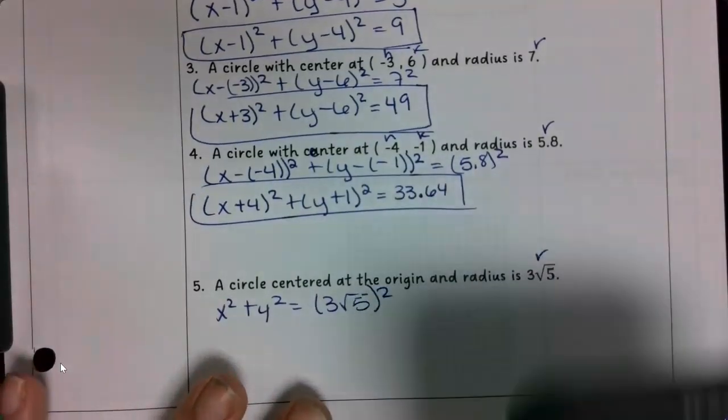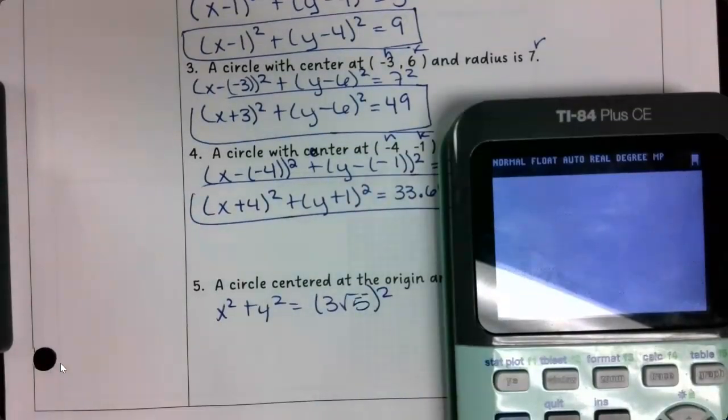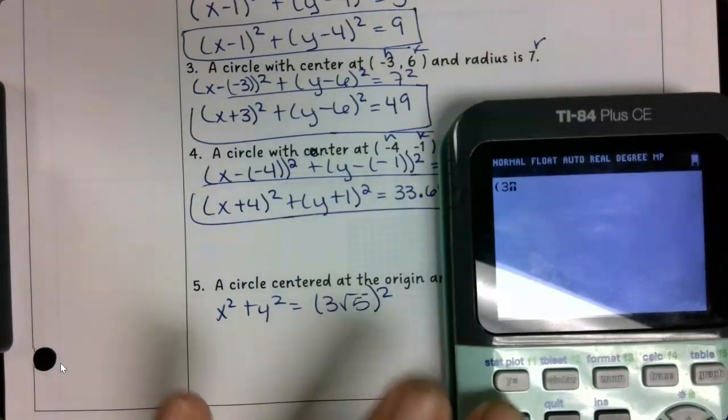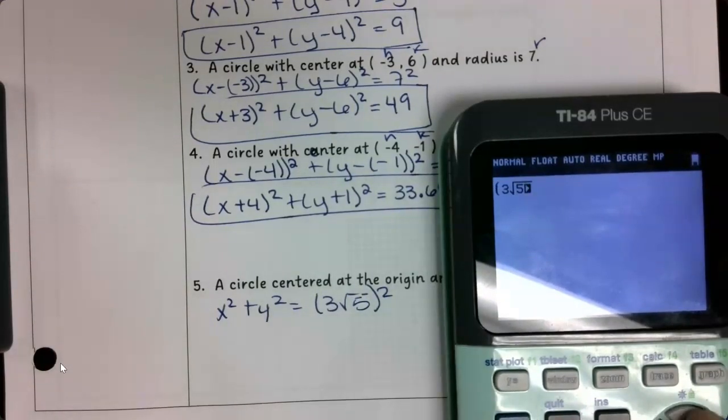So when I go to type this in my calculator, I want to do parentheses 3, and then square root of 5, close off the parentheses, and then square it. So this one gives me 45.